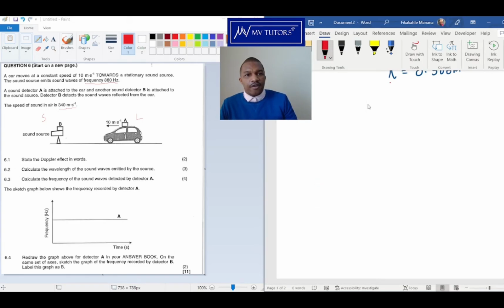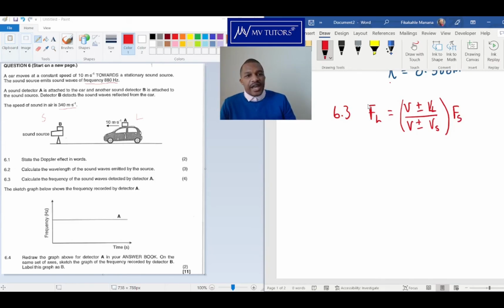If you check your formula sheet, you're going to see that the frequency of the listener is equal to (v plus or minus vL) divided by (v plus or minus vs), in brackets, times fs.